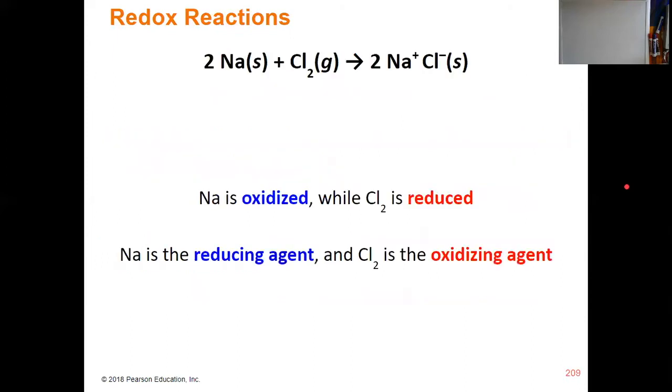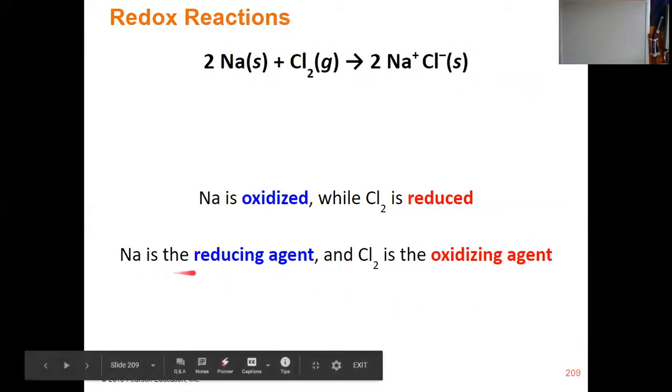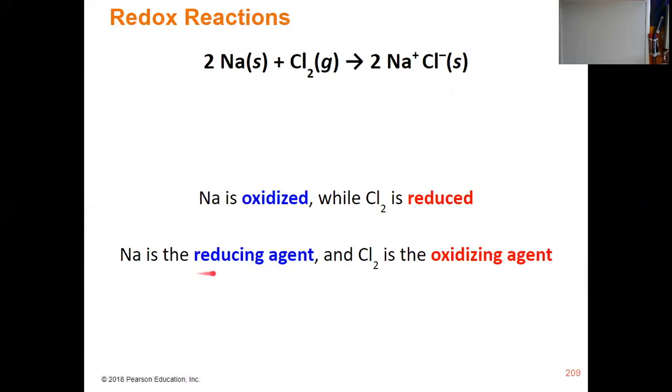Okay, so let's look back at this example again with our sodium and our chlorine. We see here that sodium is oxidized and chlorine is reduced. If sodium is oxidized, that means that sodium is the reducing agent, because sodium is causing the reduction of chlorine.